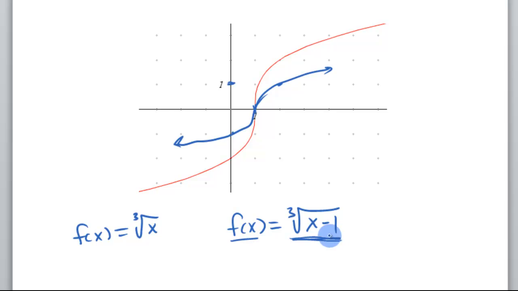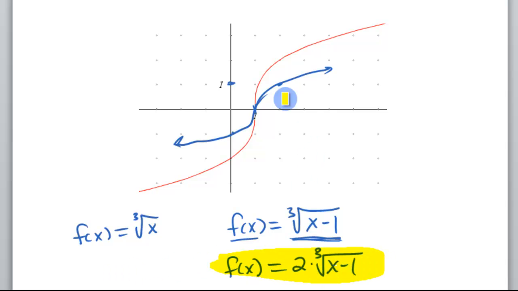If I want to double it, then I need to put a 2 in front of the outside of it: 2 times the cubic root of x minus 1. And this would be representative of our new function in red here. It's been moved to the right one, and all of the outputs have been doubled, therefore vertically stretching it.